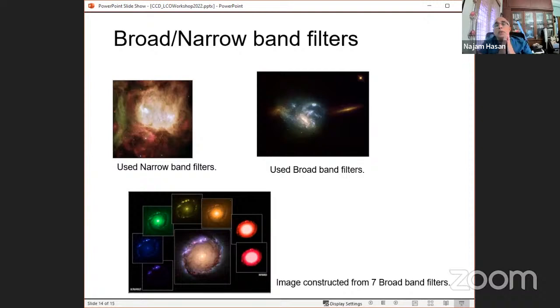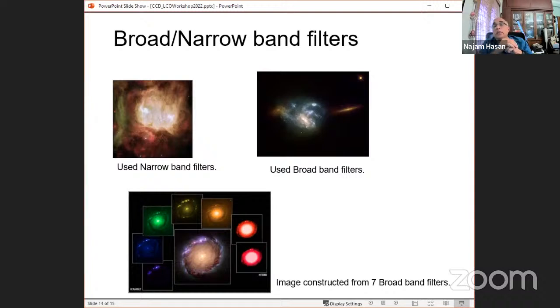And usually they are used to get finer features, like the image which you see here of this nebula. You can see a lot of fine features. So if you take various narrowband filters, we get different phenomena which are going on. And you have the broadband filters, which have a wider range of wavelengths which can pass through.